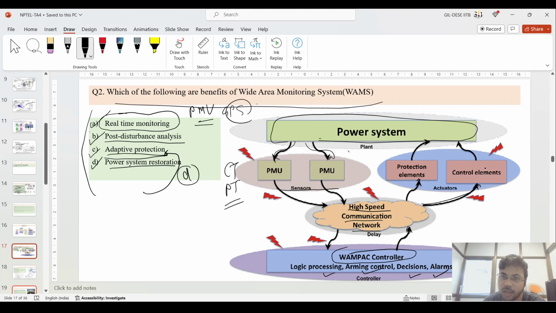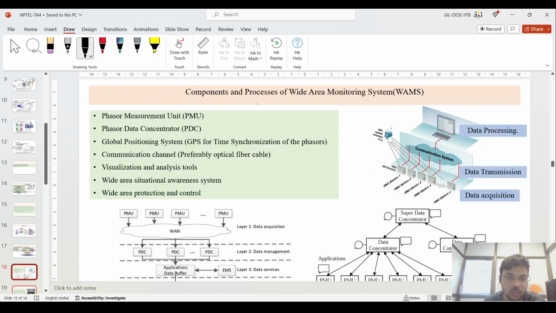Then it gives this information through the communication channel to the protection elements and control elements. Then it is given to the plant. So you have a closed kind of system: from the power plant the PMU takes the data, transmits it to the WAMS PAC controller, then it is transmitted to the protection elements and the control elements. So all are the correct options. Okay.